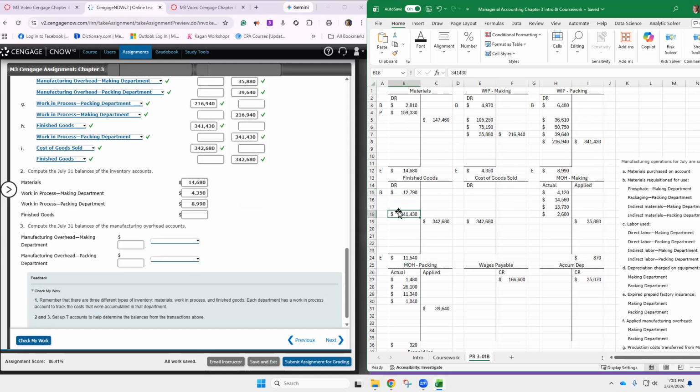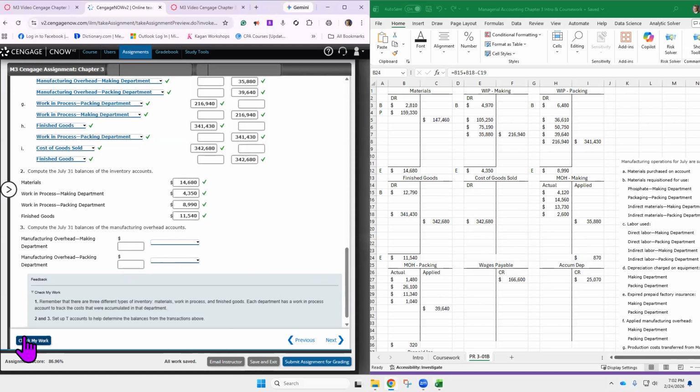We brought some in that were finished from WIP packing, and then some were sold. All right, so we now have a balance in finished goods of 11,540. Okay, so I know you were probably wondering why I did this, but that is why. Okay, compute the July 31st balances of both those manufacturing accounts.